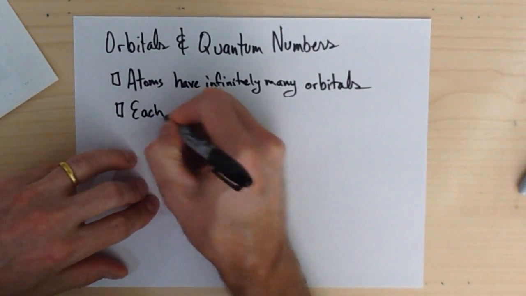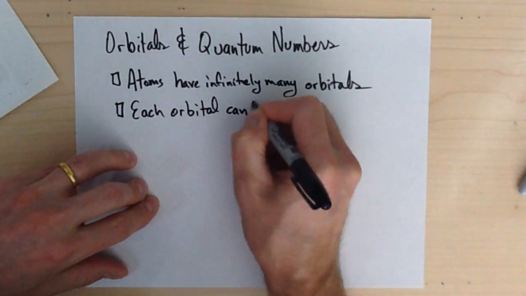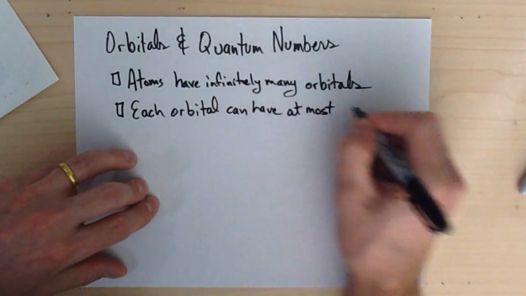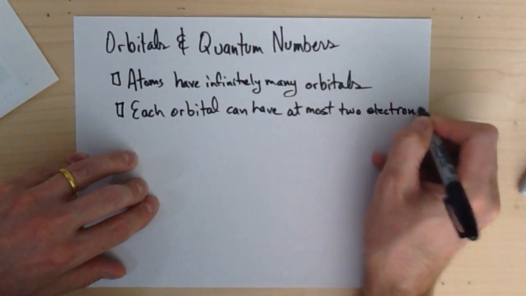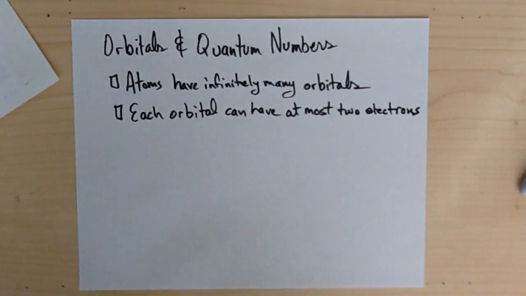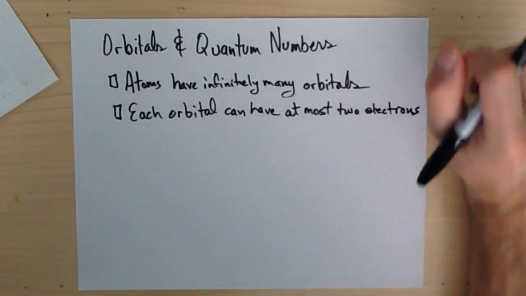Also, each orbital can have at most 2 electrons. All right, so every shape, every distribution, every orbital that we think of for an atom can only hold up to 2 electrons.